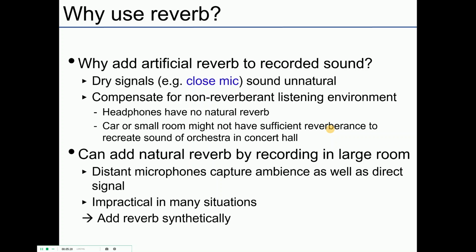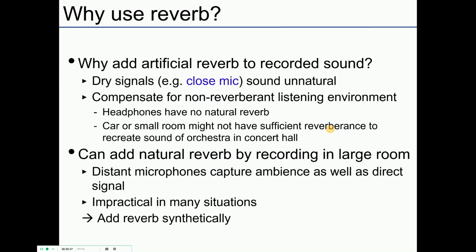But you then need to compensate for this fact because this is not a natural listening environment. When one listens to a performance, one typically doesn't want to have one's ear right next to the musical instrument. And headphones have no natural reverberation. If you listen to music in a reverberant environment over headphones, you won't pick up all the natural aspects of that environment.